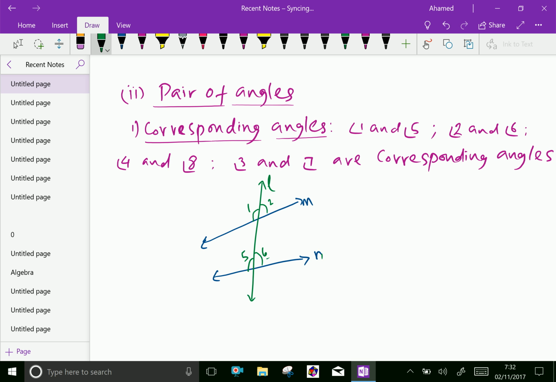Like that, 4 and 8 are also corresponding, because those angles are in corresponding positions on both lines M and N. Likewise 3 and 7 also correspond. Here angle 3 is here and angle 7 is here; both are corresponding angles. All these sets of angles are corresponding.